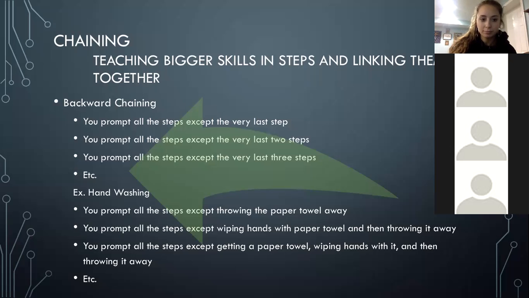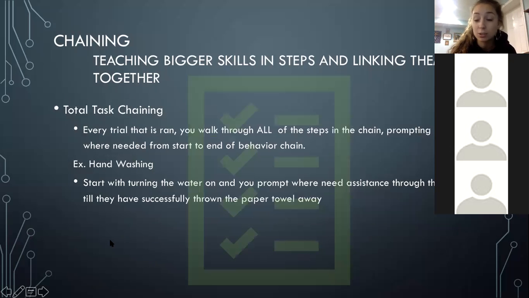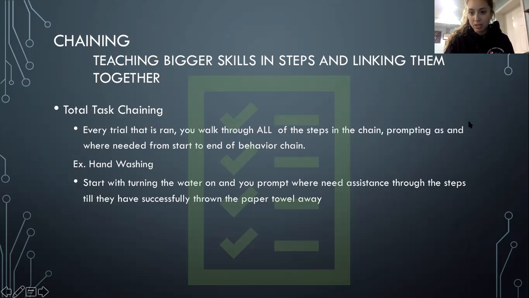Cool. Our last chaining process, this one's really simple. It's called total task chaining. This is basically where you have a chain or a series of steps. But you basically will run the entire trial with them. You will walk through all of the steps in the chain with them, prompting as and where needed from the start to the end.